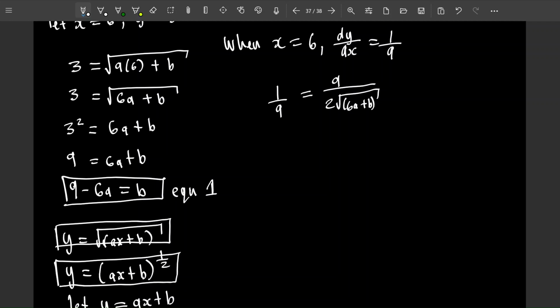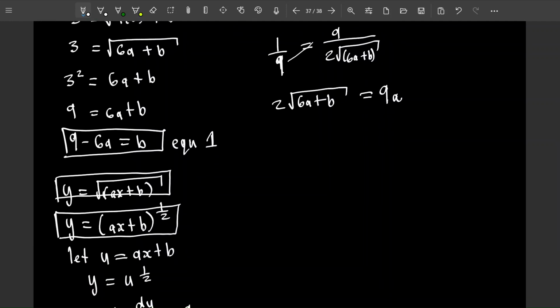Now I can cross multiply because I have a fraction on the left and a fraction on the right: 9 by a, 1 by this. So it's going to be 2 root of 6a plus b is equal to 9a. This is going to be my equation number 2.